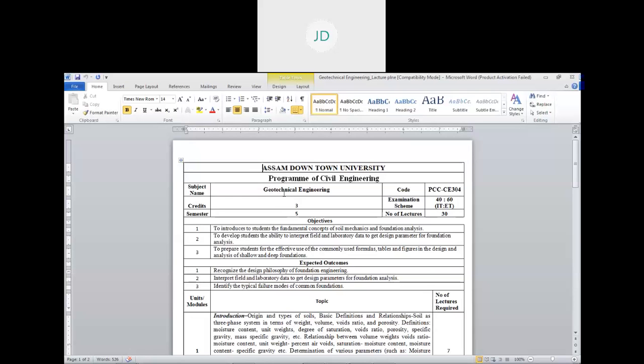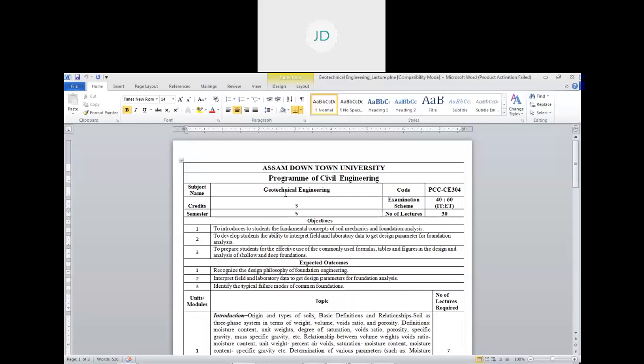as a civil engineer, within a few years you are going to be an engineer. After graduation, you are going to build some civil engineering structure. It may be a building, a bridge, or a road.